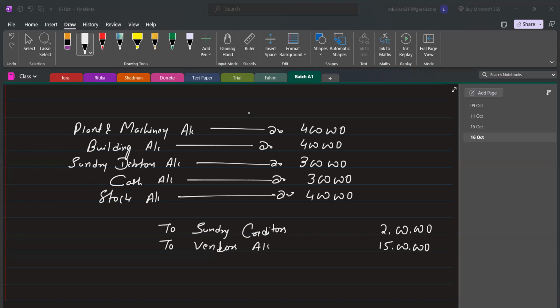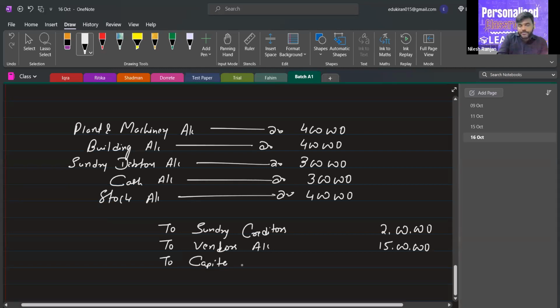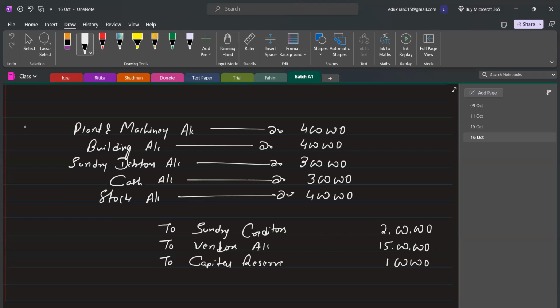It will be capital reserve, 1 lakh. Now both sides are equal: 18 lakh on the debit side, 18 lakh on the credit side. Is this clear?